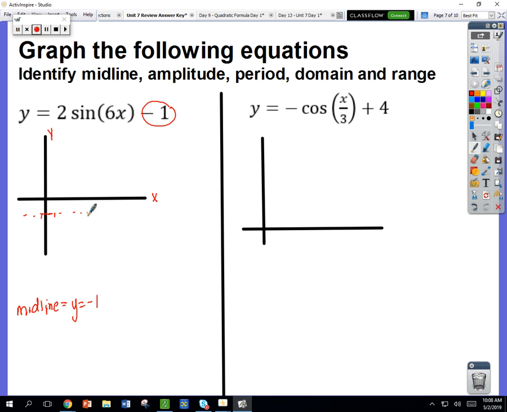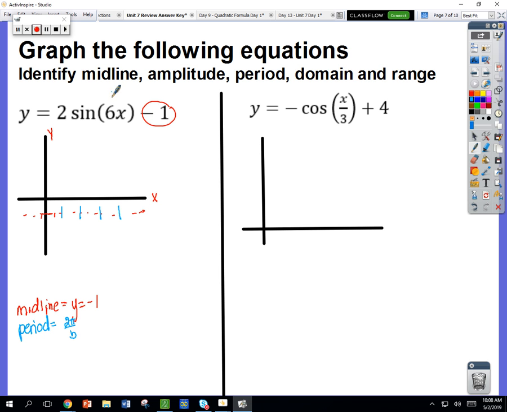So I'm going to draw my midline. Then I need to make my 1, 2, 3, 4 tick marks for my 5 different significant points. And I need to figure out what the period is. So the period, if you remember, is found by 2 pi over b.